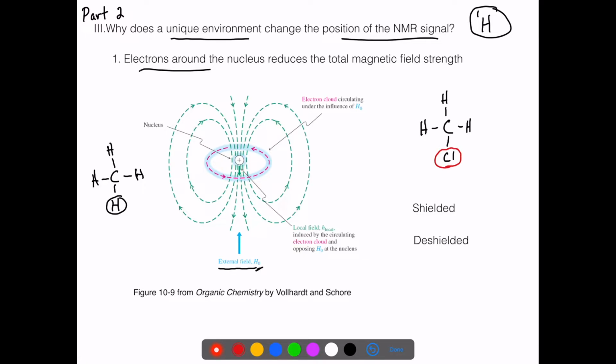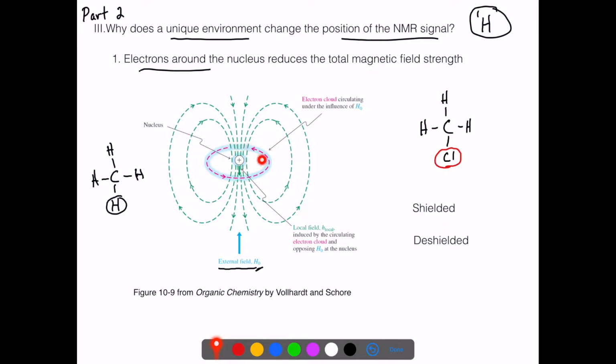Chlorine is electronegative, and so it pulls some of the electron density from these hydrogens. Not all of it, but because it's electronegative, it's pulling electrons through the bonds. And so this electron cloud is not going to be as strong. There's not as much electron density because it's been pulled away, it's been de-shielded, and that opens up the nucleus to the fuller effects of this external field.